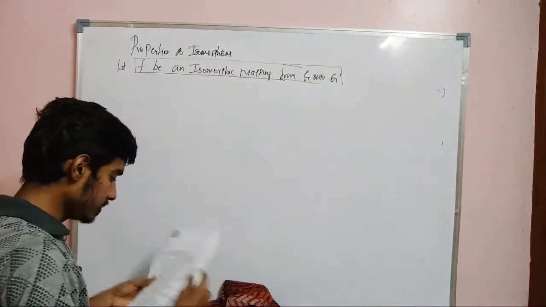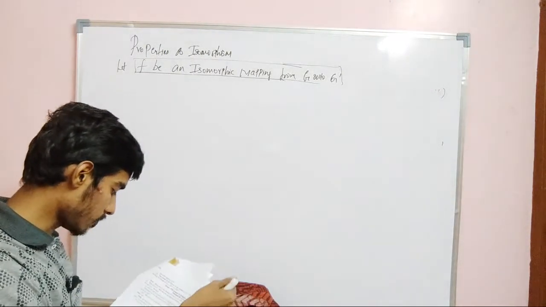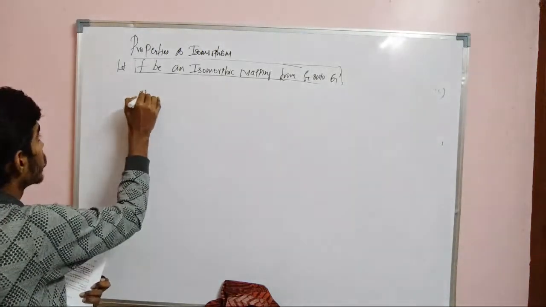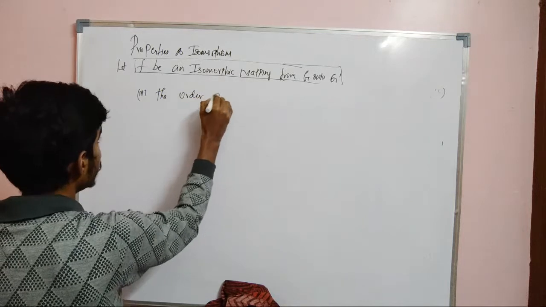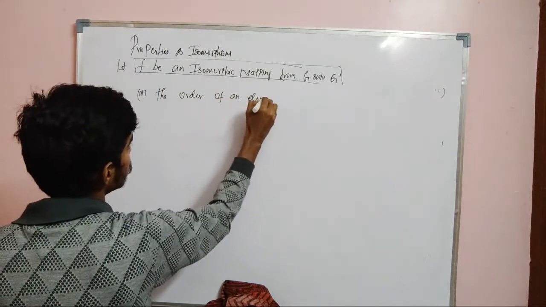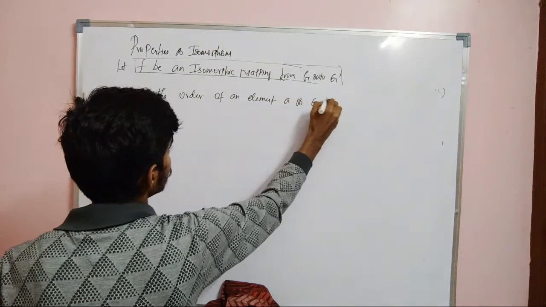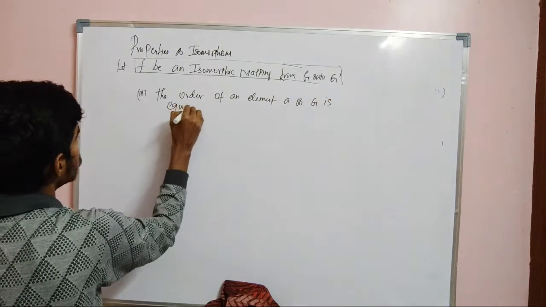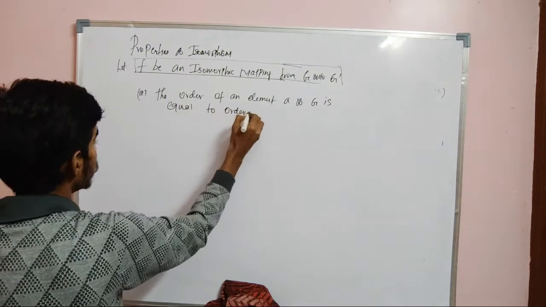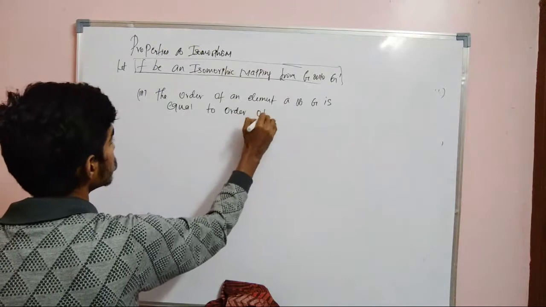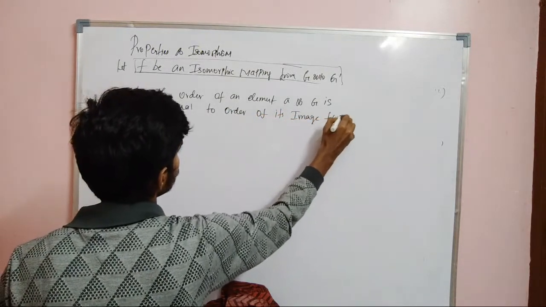The third property, as I said in the beginning, is that the order of an element a belonging to G is equal to the order of its image. Very important. The order of an element a of G is equal to the order of its image f of a.